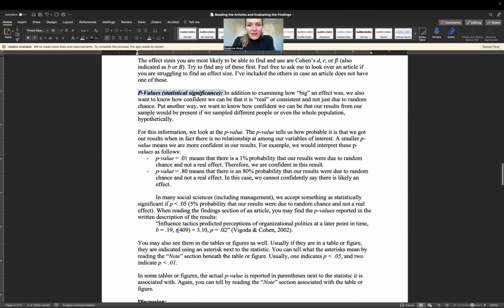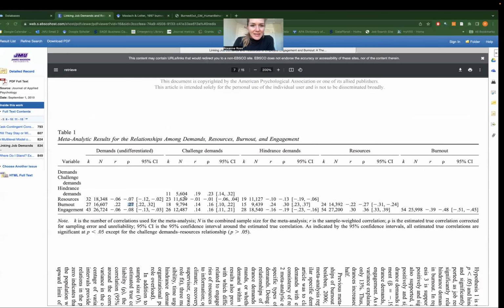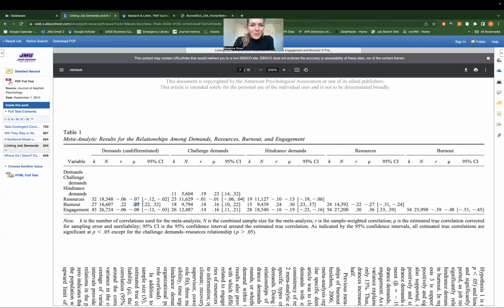We don't have p-values directly in this table because instead they use 95% confidence intervals. The 95% confidence interval tells us the likelihood that our correlation or rho is within a certain band.